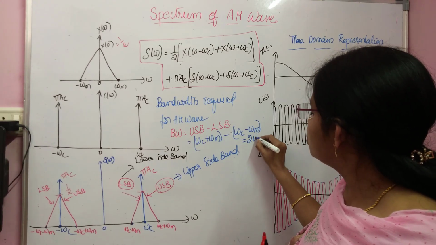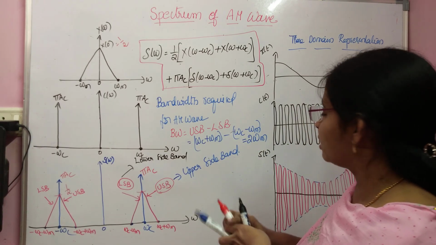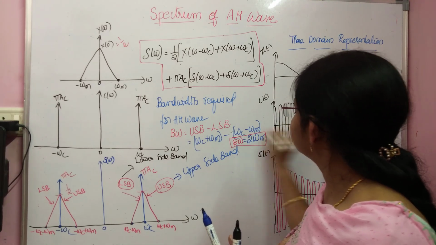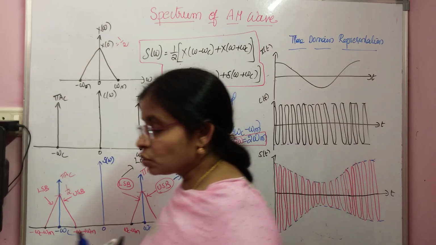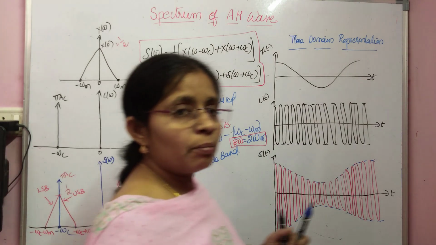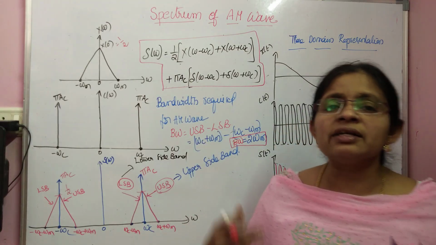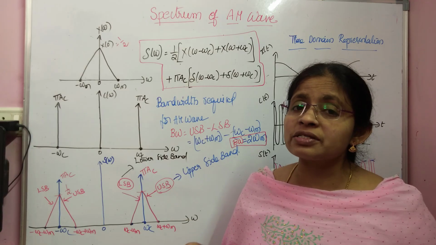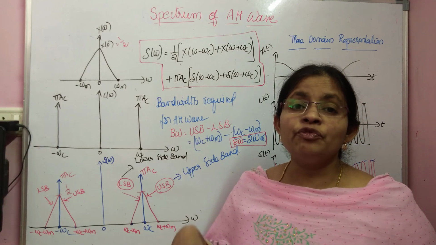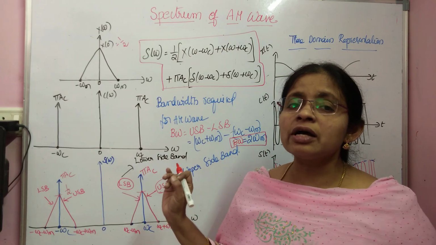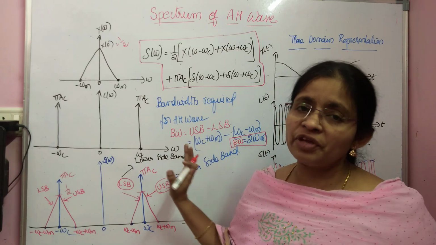Yes, it is 2 omega m. So bandwidth is 2 omega m. To send the amplitude modulated wave, if the message signal frequency is omega m, we need 2 omega m bandwidth. So that is the conclusion from this spectrum of the AM wave.